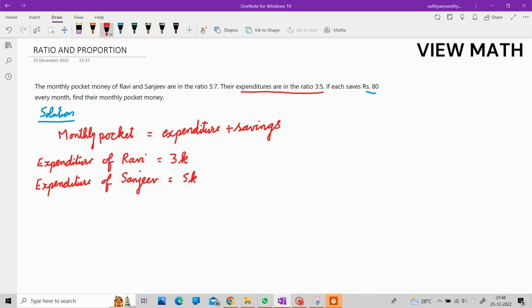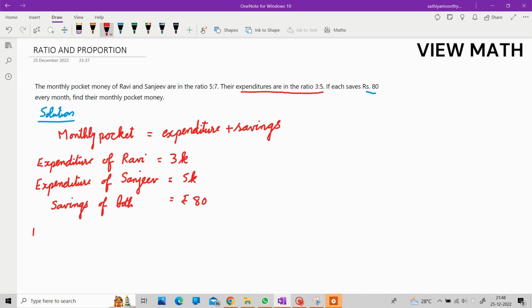Savings of both is, both are saving the same amount. It is rupees 80 is the saving of both Ravi and Sanjeev.